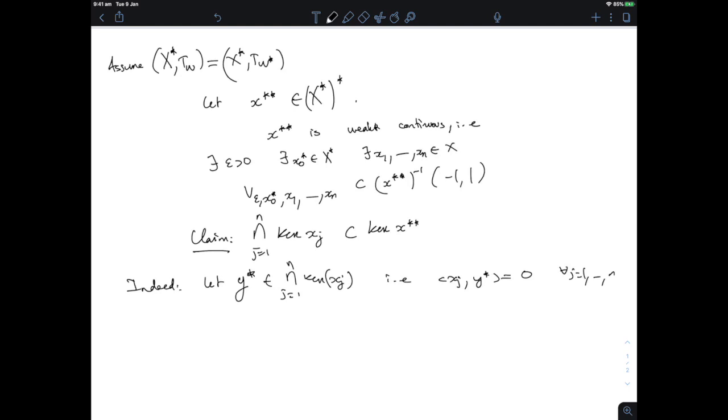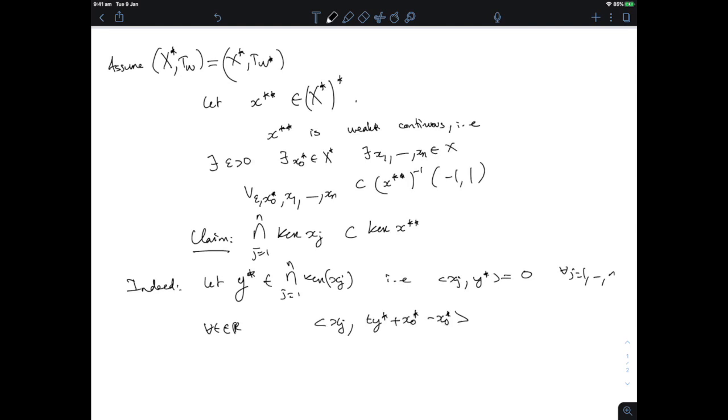And so this is true. And what we have is that, well, if it's 0, I could always multiply it by a non-zero element, or even by a 0 element, and it would still be 0. So for every t in R, this will be 0, and you could add x0 star and subtract x0 star.